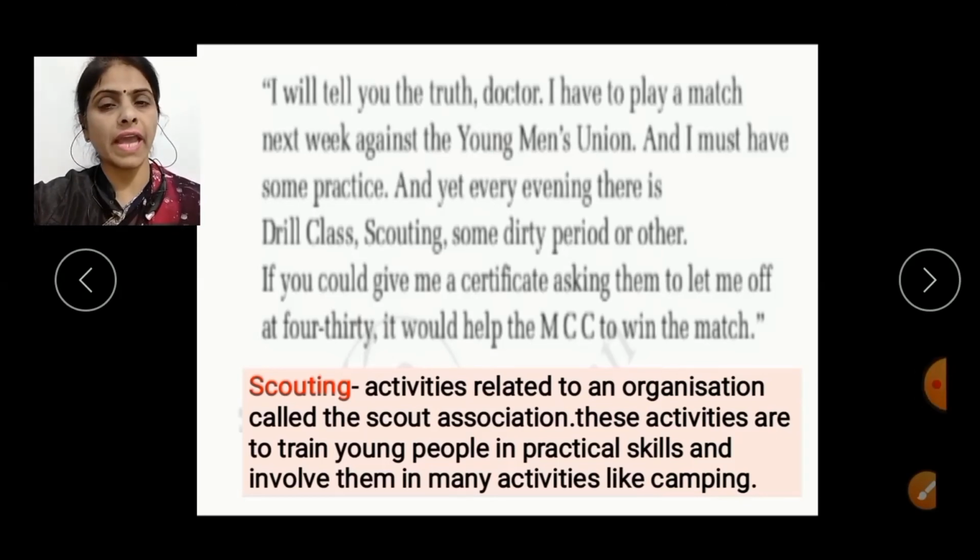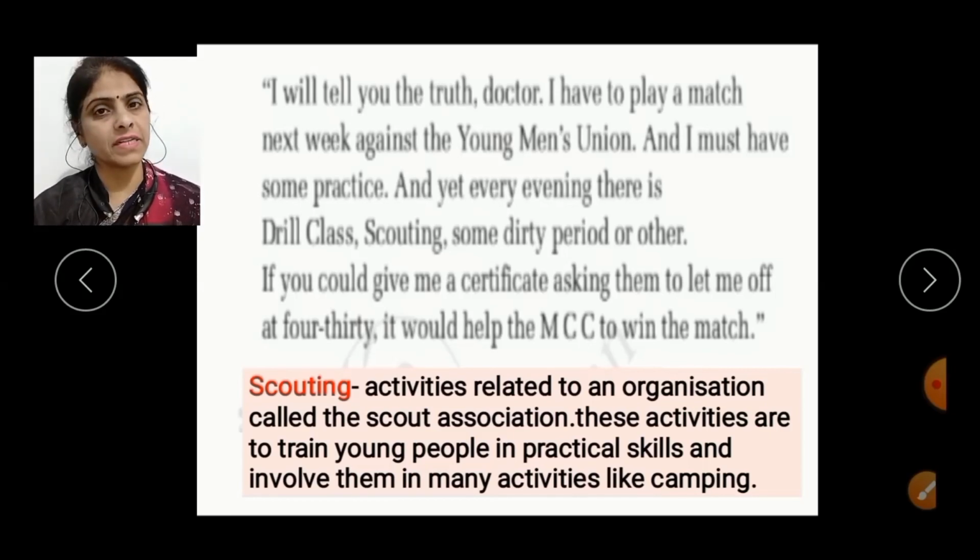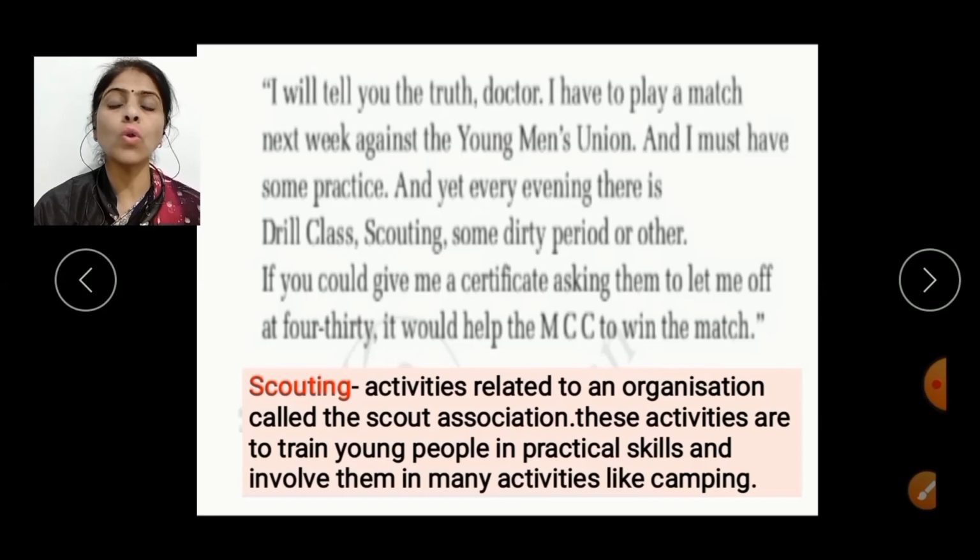If the doctor gave him a certificate asking to let him off at 4:30, it would help the MCC team to win the match. So, Swami told the truth to the doctor to get a fake medical certificate. Here we know very well that Swami wanted this certificate to get sufficient time for the practice.